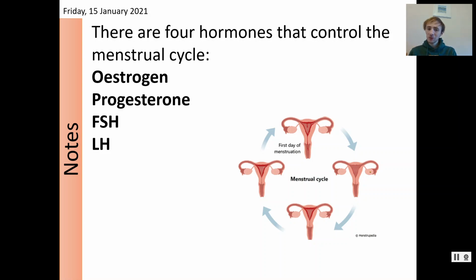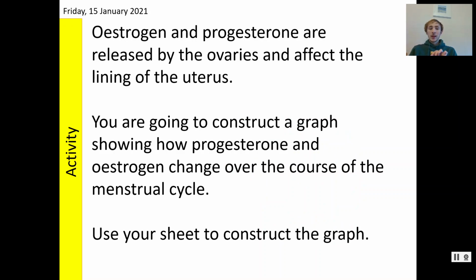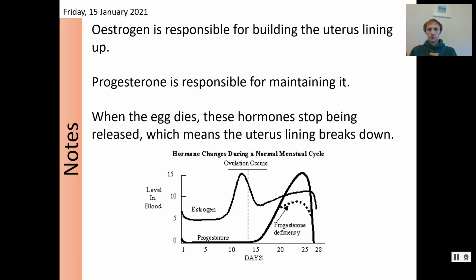Fine, so let's look at what each one does. Estrogen and progesterone are involved in the lining of the uterus. So estrogen builds the lining up and causes it to start growing. So the more estrogen you have, the more the lining will grow. Progesterone maintains that growth.